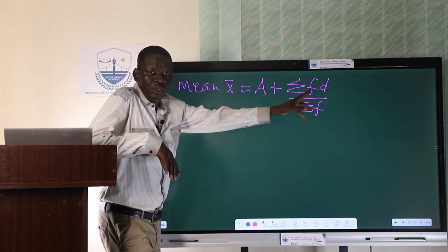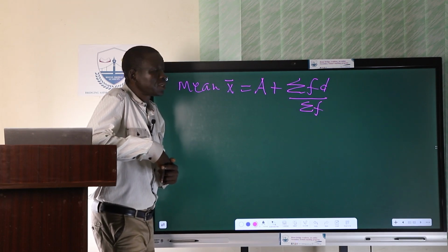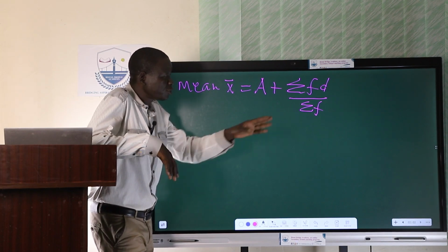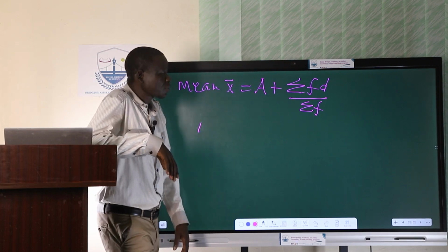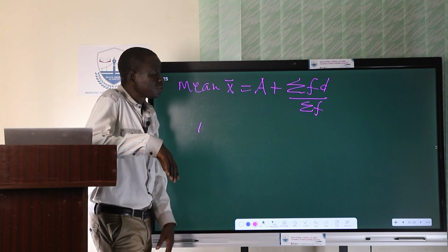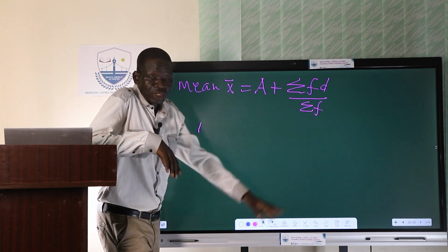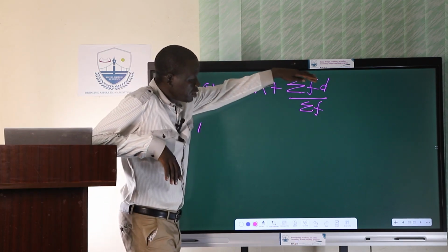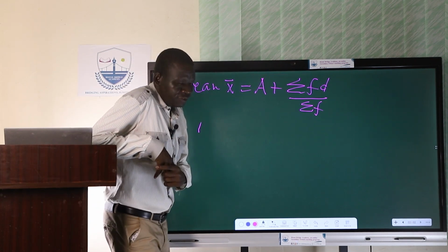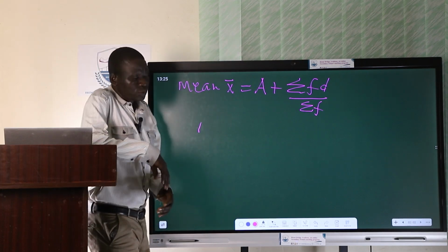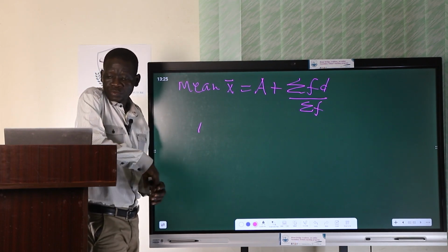Meaning that we shall have to multiply the frequency values by the deviation values, and then we get their total. The total is represented by the Greek letter sigma, which we use for getting the total of values. Then we also get the total frequency, after which we divide the total of fD by the total of f. So what we get would be the value of the actual mean or the true mean.